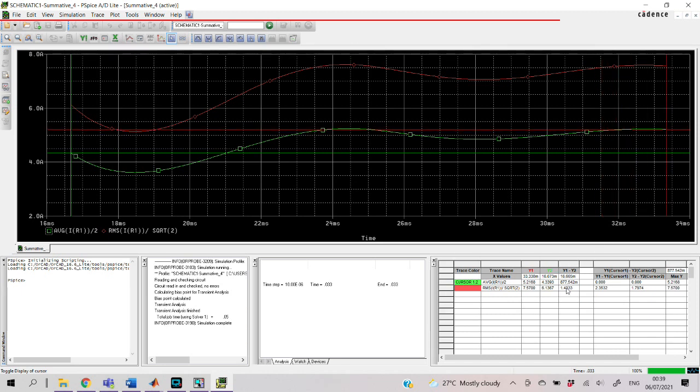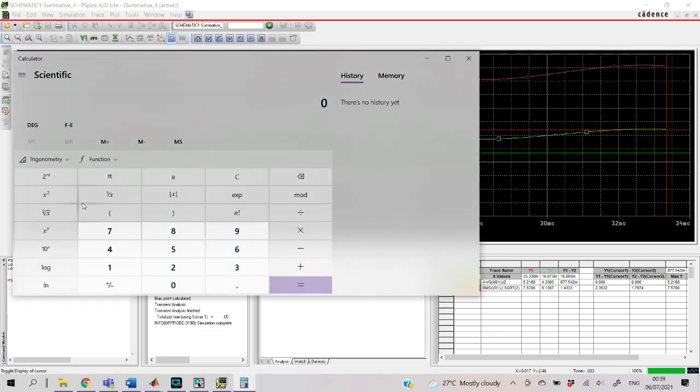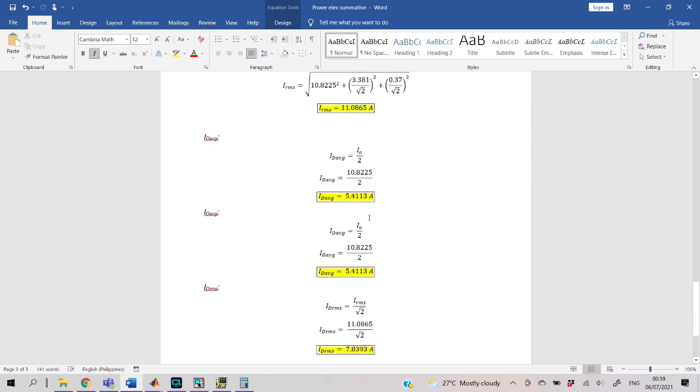As we can see, the average current has around 5.2168 amperes, and the RMS value of the diode has a value of 7.57 amperes. So let's compute the difference again. Our computed value for the average is 5.4113.